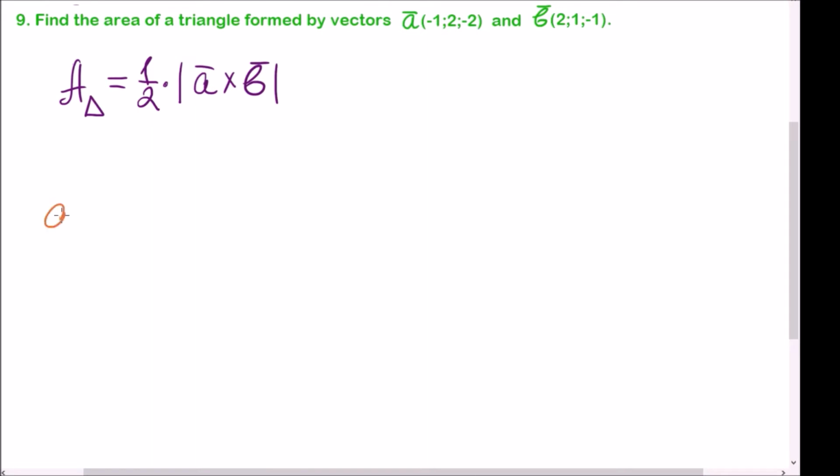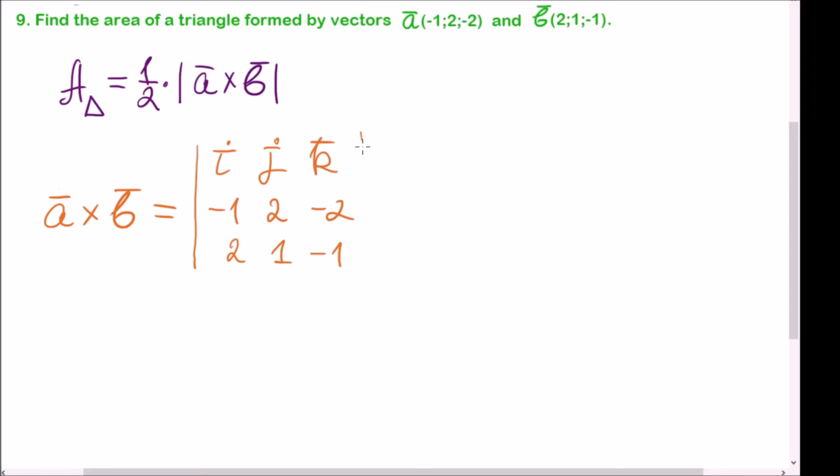At first, let's find the cross product of the vectors a and b. We know the coordinates of the given vectors, so it will be the determinant of the third order. In the first row, standard unit vectors i, j, k. In the second row, the coordinates of the first vector a: minus 1, 2, minus 2, and in the third row, the coordinates of the vector b: 2, 1, and minus 1.